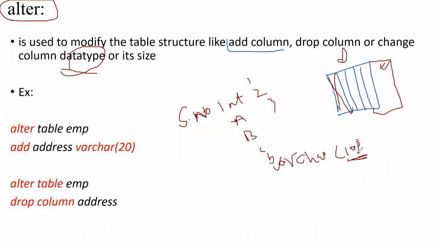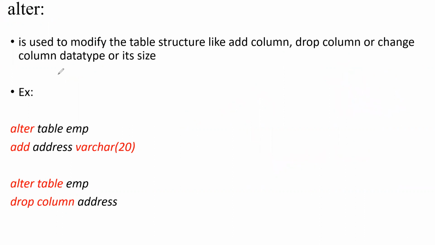Then obviously we need to change, right? So that's the reason we tell the table. First we need to mention that table, and after that, we can perform the modification. Either we can add, drop, or change the data type or its size.